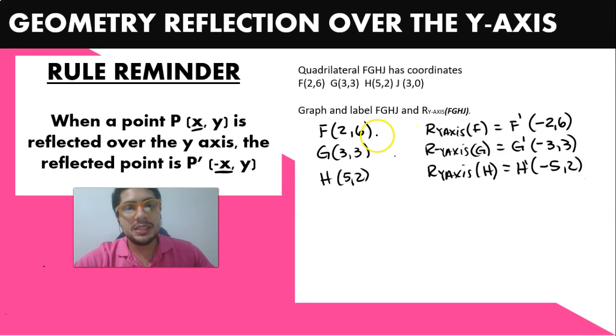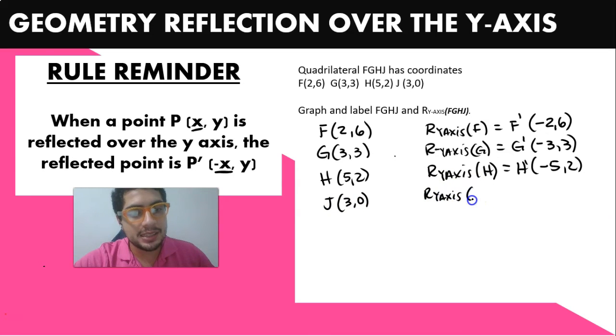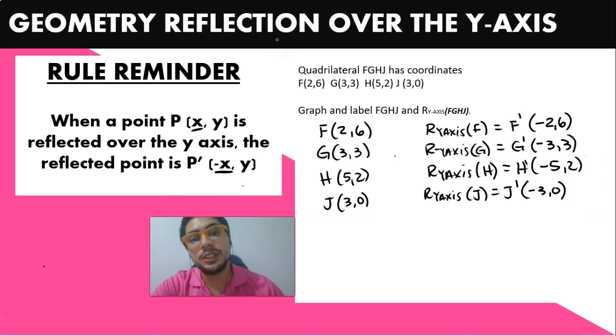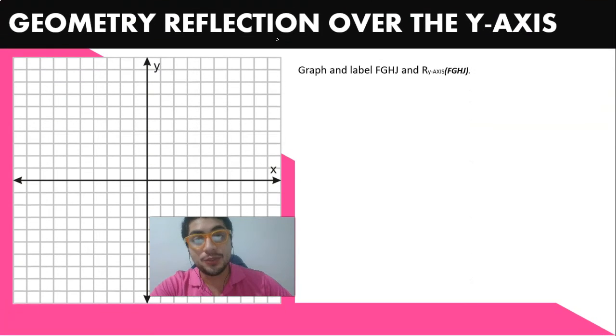As you can see, the values of y haven't changed, but the values of x have. And J (3, 0): when we reflect over the y-axis, our new position for J is going to be (-3, 0). Now that we have found the coordinates for the reflected quadrilateral FGHJ, let's graph it.